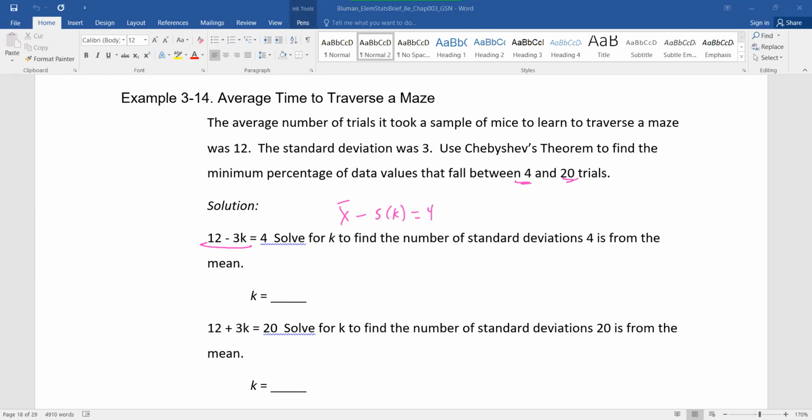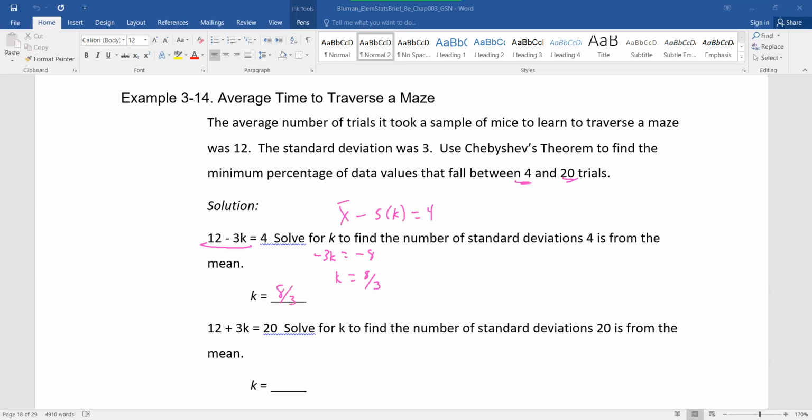What's the first thing I would do to solve? Minus the 12. So I get negative 3K equals 4 minus 12, negative 8. Divide that by negative 3 and you get, just keep it as a fraction, 8/3, or roughly 2.67.